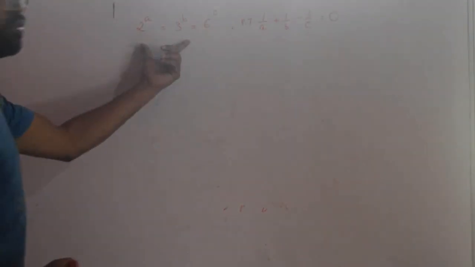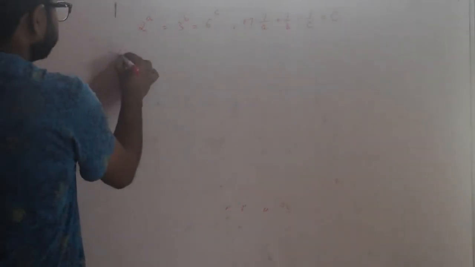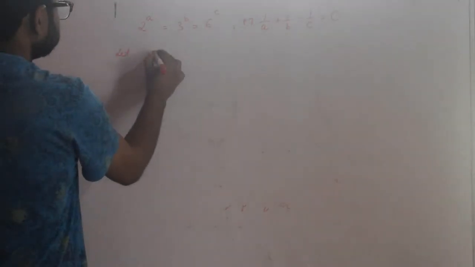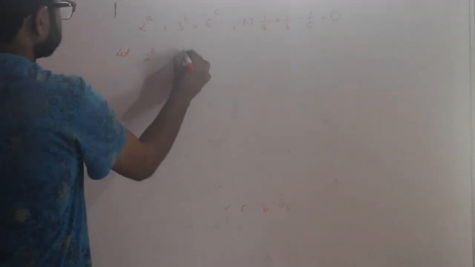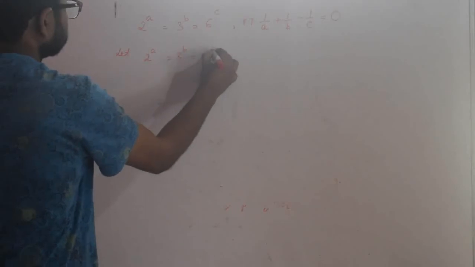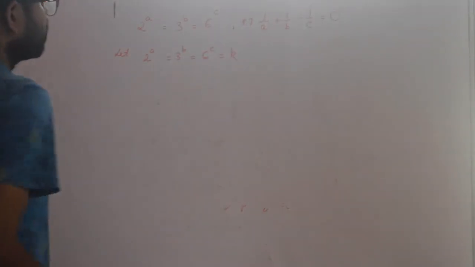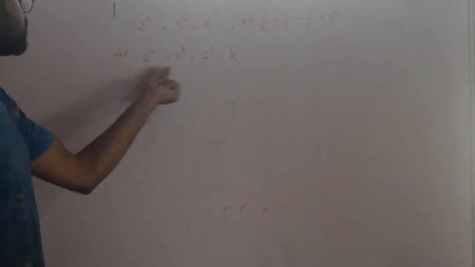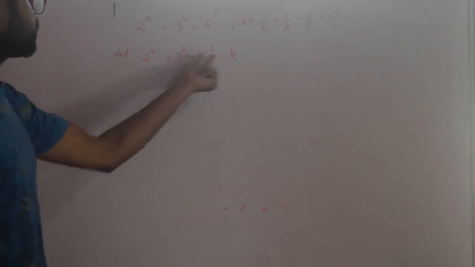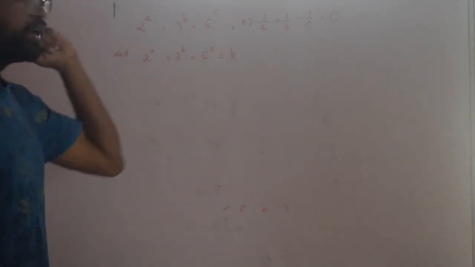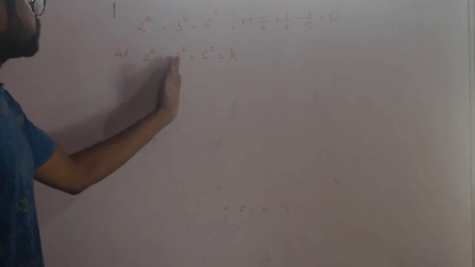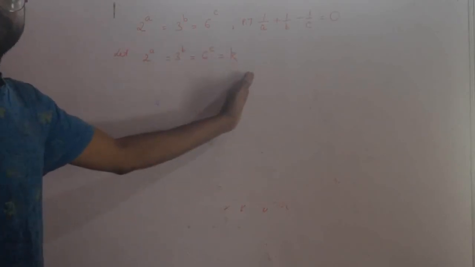So when you have to do this type of problem, similarly to the previous example, what you can do is set this equal to k. Now you know what to do. This is also equal to k, this is also equal to k, and this is also equal to k. So you can express 2, 3 and 6 in terms of k.